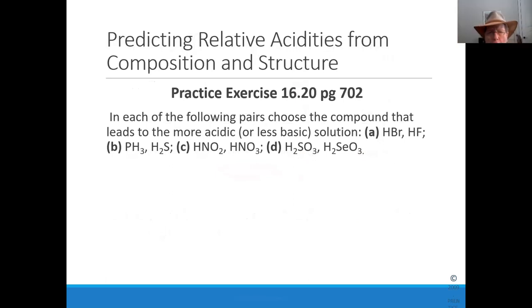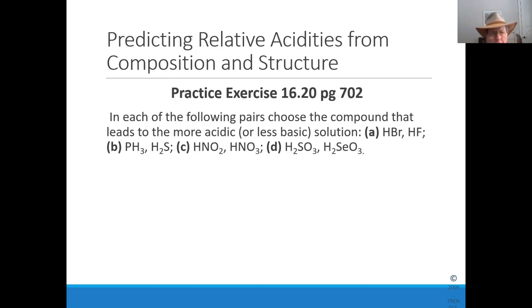Okay, so which is the stronger acid, PH3 or H2S? PH3. PH3. The hydrogen is directly attached to the element. Phosphorus is less electronegative than sulfur, so it's going to have the stronger acid quality.